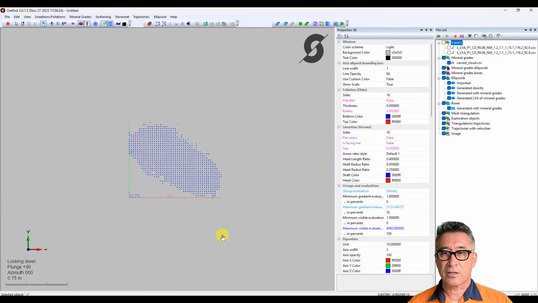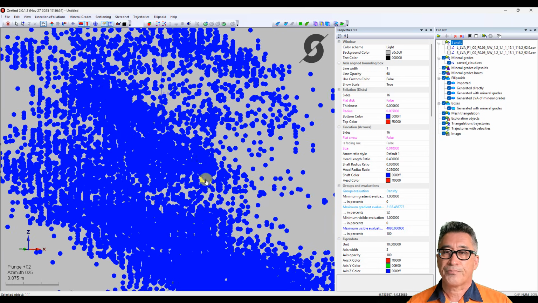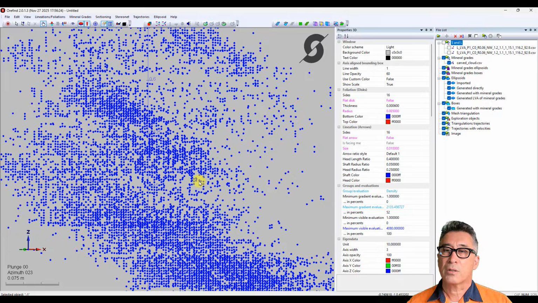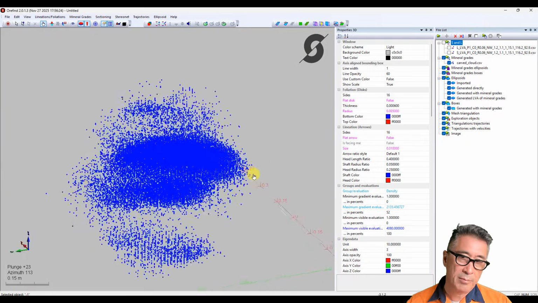If I look down on it, it has an elongation in that direction. But if you look at it sideways and look at these planar zones, they are planar, but also linear.